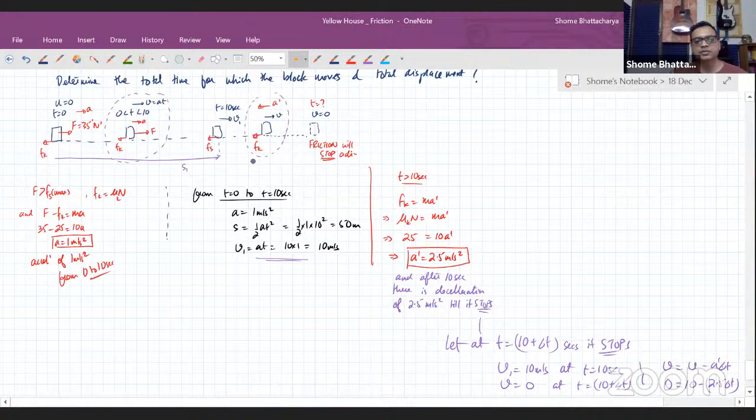So friction continues to act backwards, but now there is no forward force. So instead of accelerating, now it starts decelerating. Think of this free body diagram. Net force is equal to mass into acceleration. So net force is also backwards, so a prime is also backwards. So it is a deceleration of this much. Is it clear now?